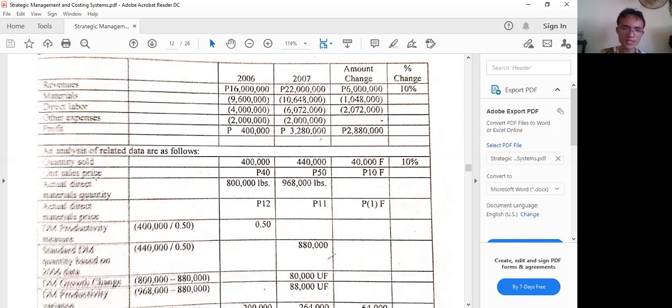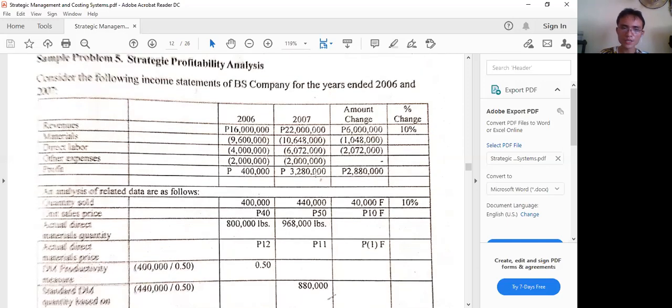Okay, so indeed it is shown here that the sales price increased. So meaning the variances or the growth or the changes of amounts, or it could be the decrease also, would be multiple. So in fact, we have seen that the quantity sold and the sales price has increased. Okay, so that is already answered.